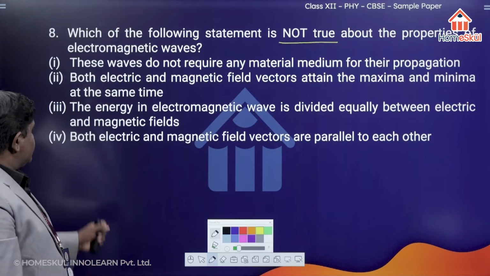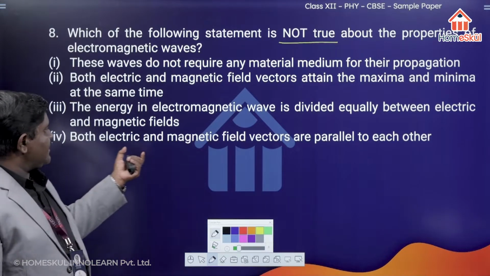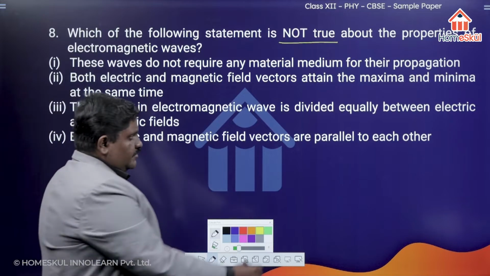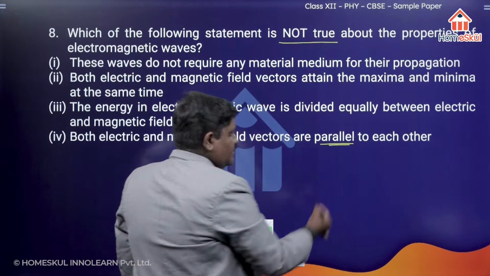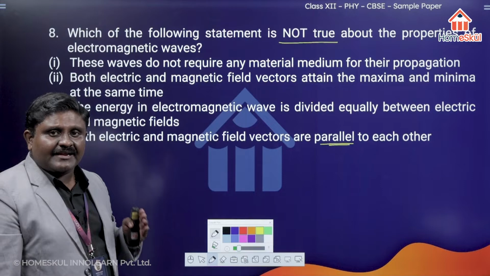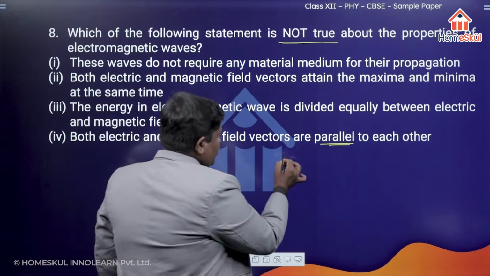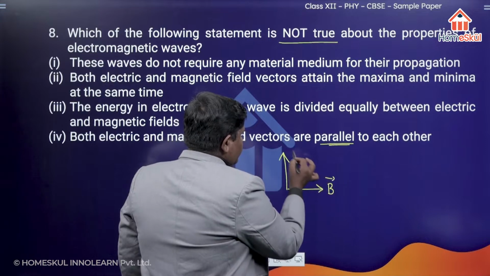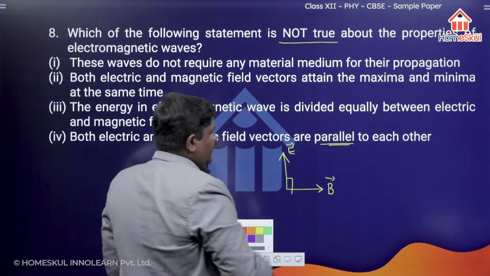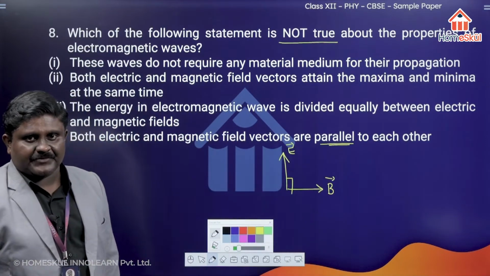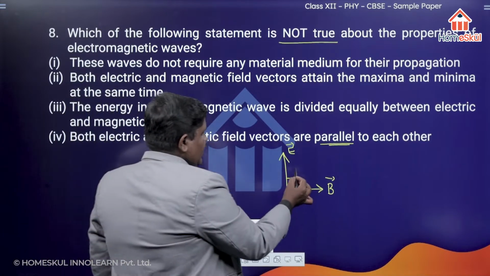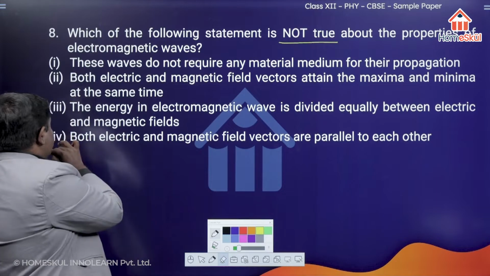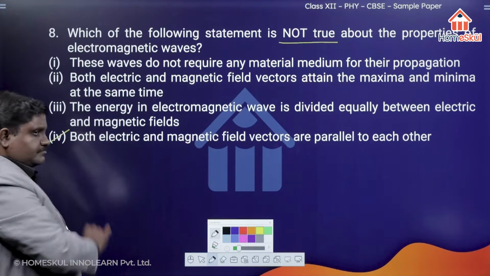That's also correct. The fourth one, both electric and magnetic field vectors are parallel to each other. Here this statement is wrong, because we already learned that electric and magnetic fields are perpendicular. They make an angle of 90 degrees with each other. So the fourth option is not true.